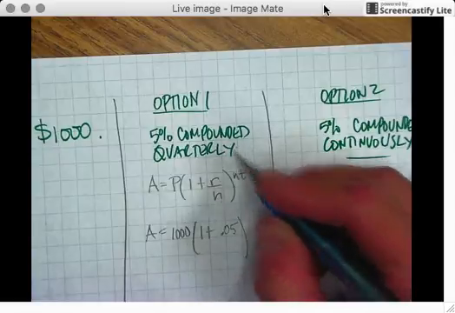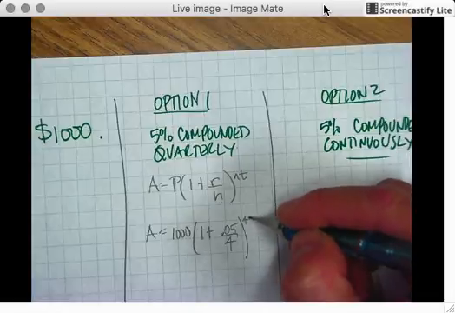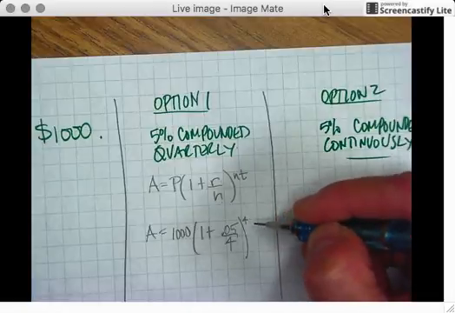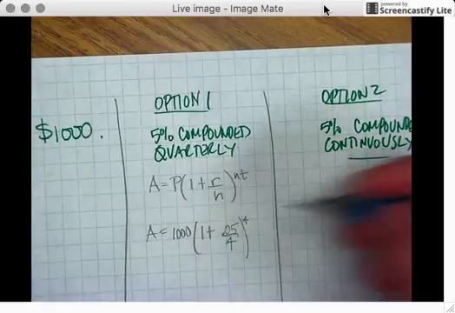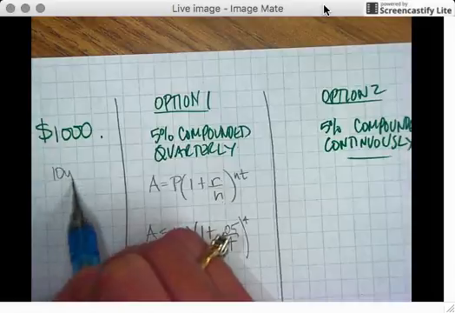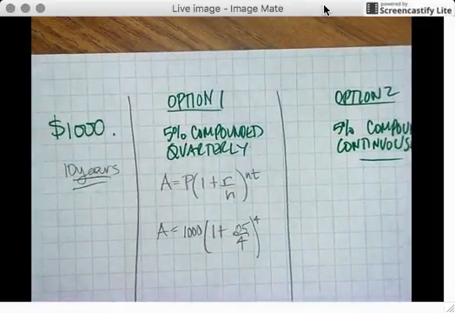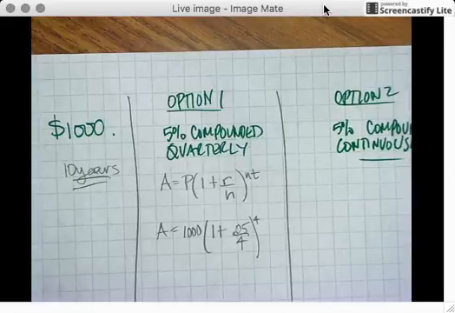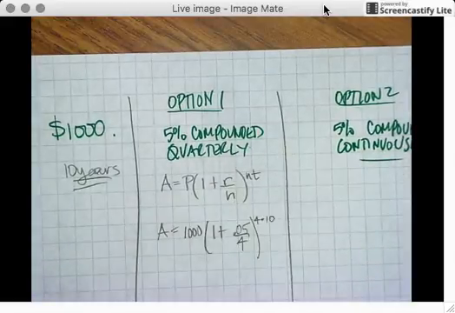So for this example, that would be a 4. And then I'm raising that to 4 times t, which I forgot to mention. I want to figure out how much this is going to earn me in 10 years. I don't want to re-record this whole video, so please just pretend that was already there. So I'm going to put a 10 right here for 10 years.